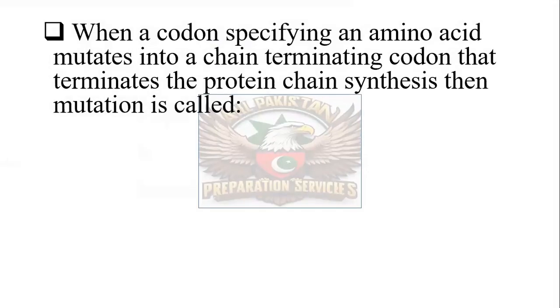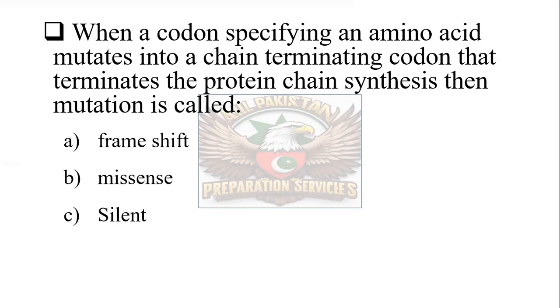When a codon specifying an amino acid mutates into a chain terminating codon that terminates the protein chain synthesis, then the mutation is called frame shift, missense, silent, or nonsense? The correct one is nonsense.